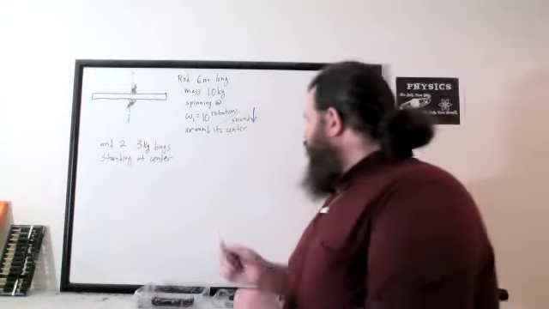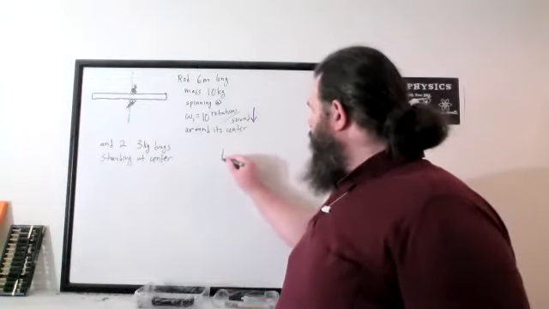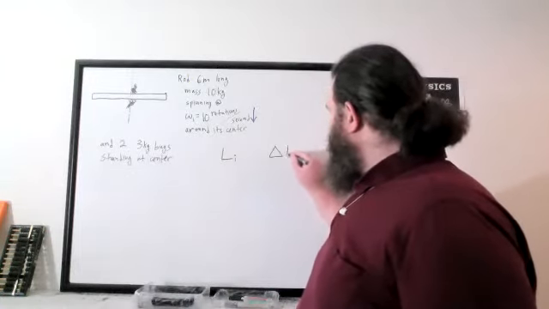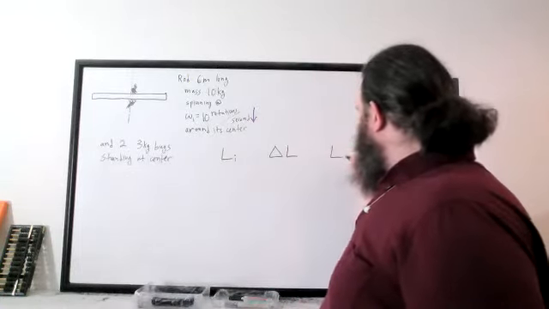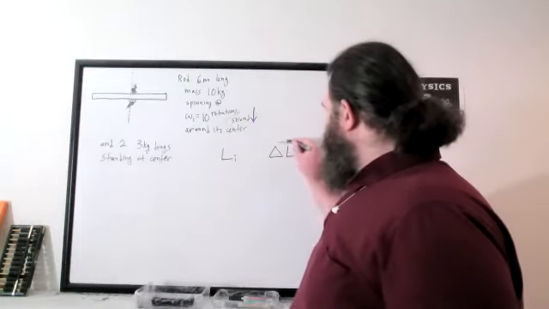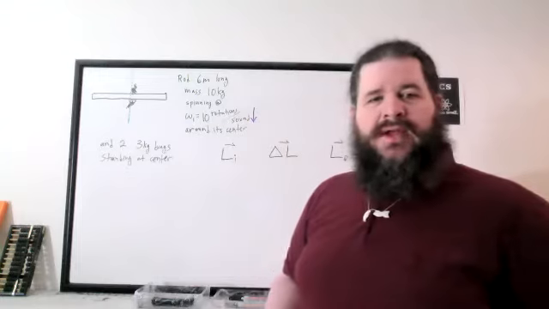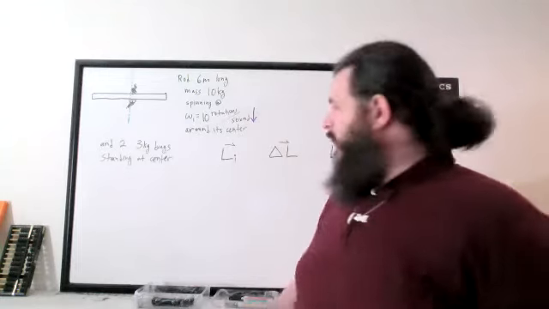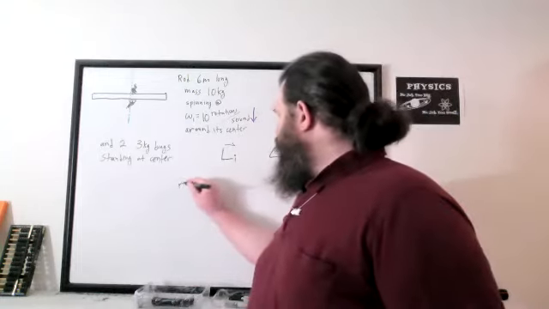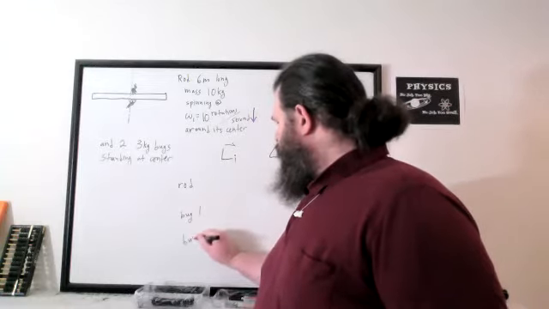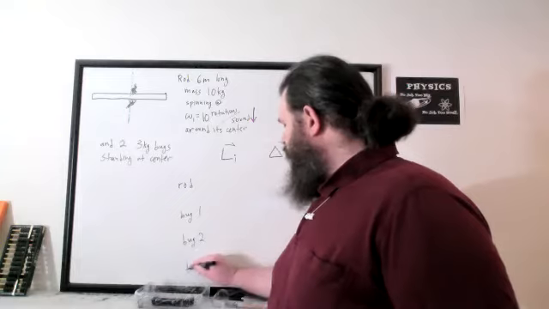We could set up a chart for initial angular momentum, change in angular momentum, and final angular momentum. And the objects, of course, are going to be the rod itself, bug 1 and bug 2. And then, of course, we'll want to look at total as well.